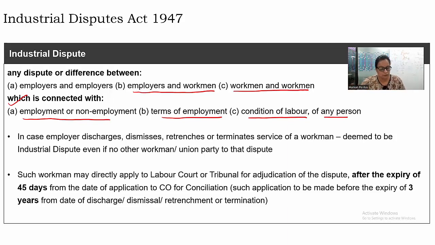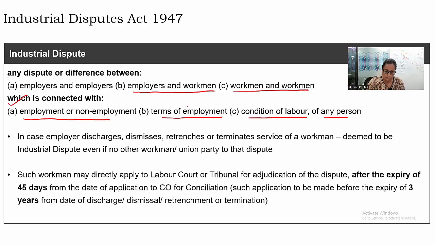Here the definition signifies that the dispute can be in relation to employment or non-employment of any person. For example, whether a person should be employed in the organization or not. So it refers to hiring decisions, layoff decisions, and retrenchment decisions, right?